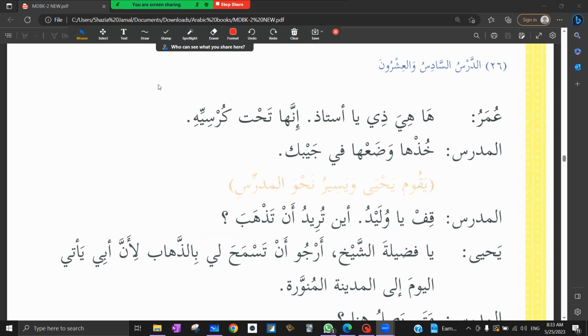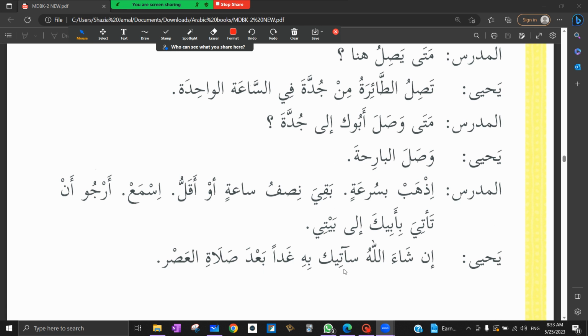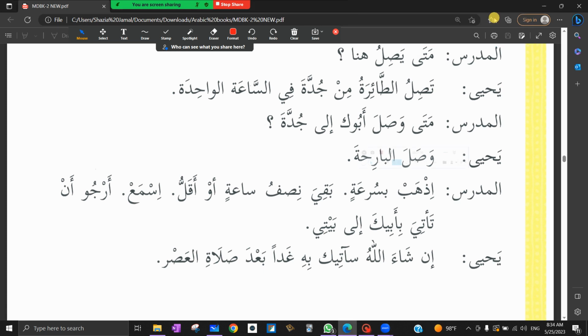So let's move on to the next part of the conversation. Now coming back to the next portion of the conversation, where the teacher says mata yasilu huna. Yasilu is from wasala. Wasala means return. Mata, when did he return here? So Yahya says tasilu.